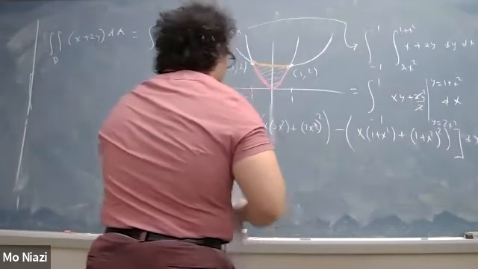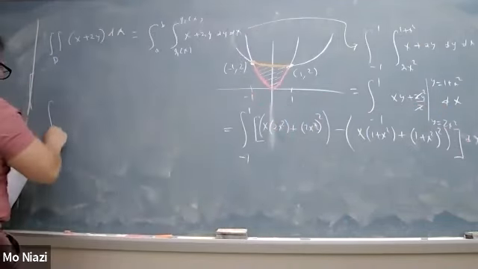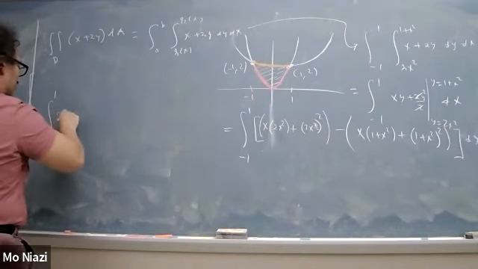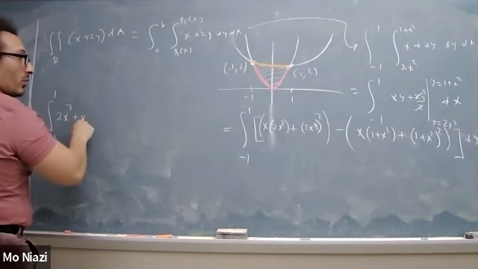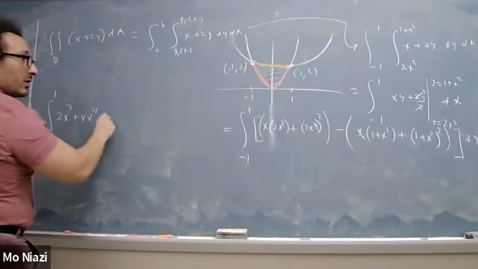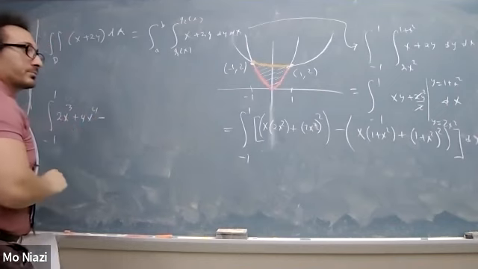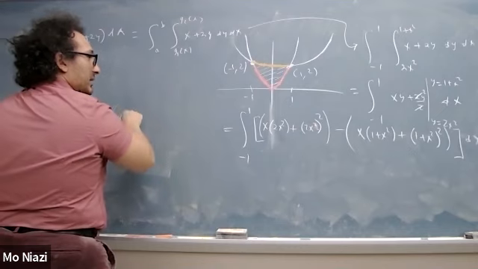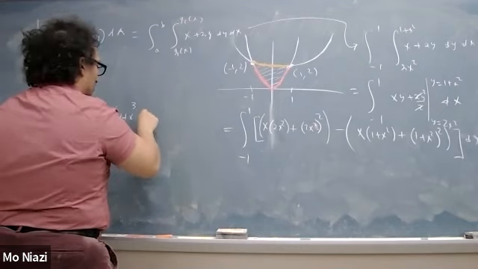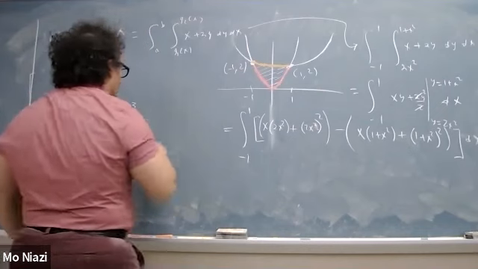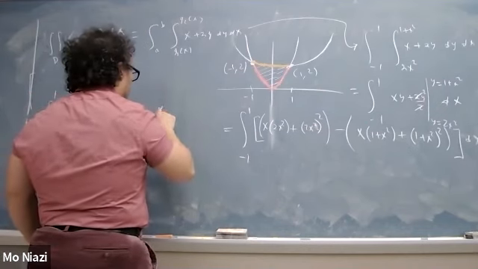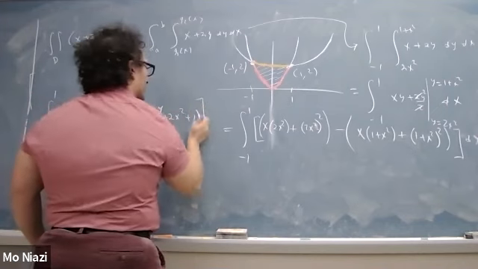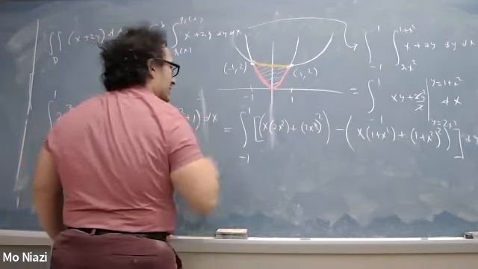All right. So then this integral breaks down to the integral from -1 to 1. Let's see what all that says. So this is 2x cubed plus 4x to the 4th minus our x plus x cubed plus our x to the 4th plus 2x squared plus 1 dx.